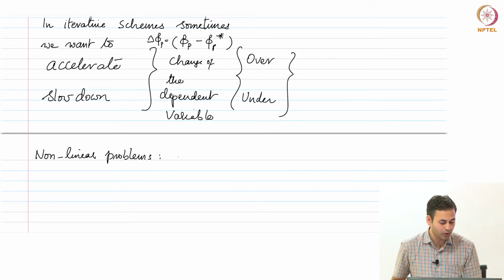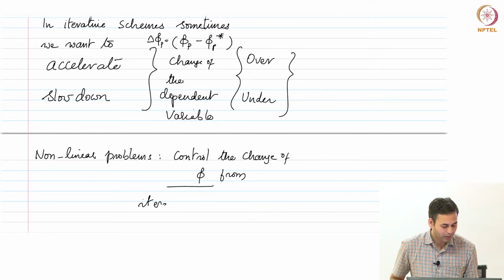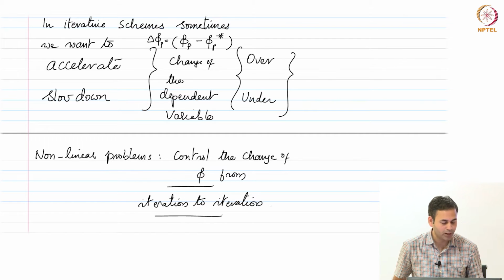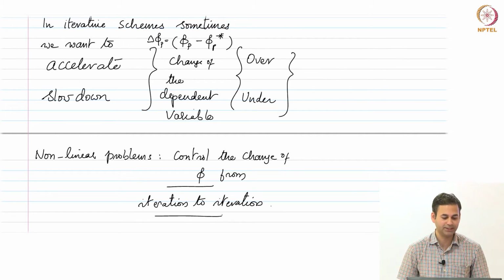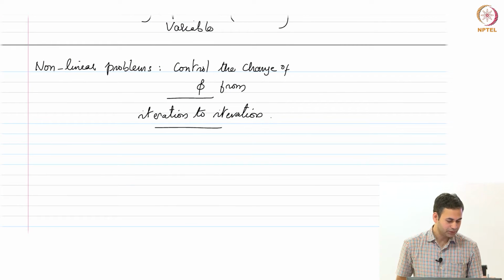So, in these cases you want to control the change of the dependent variable, that is delta phi from iteration to iteration. That is where we use something known as relaxation, and if you accelerate the convergence, then that is known as over relaxation.